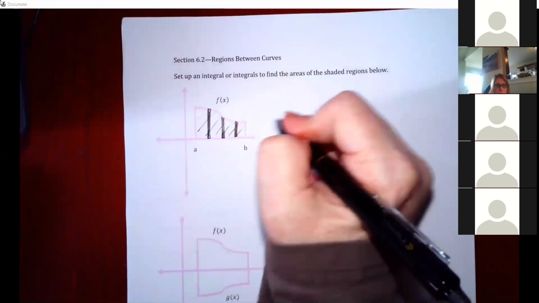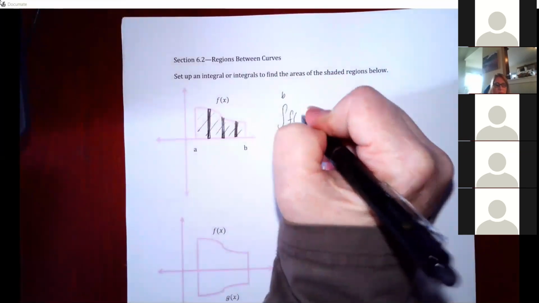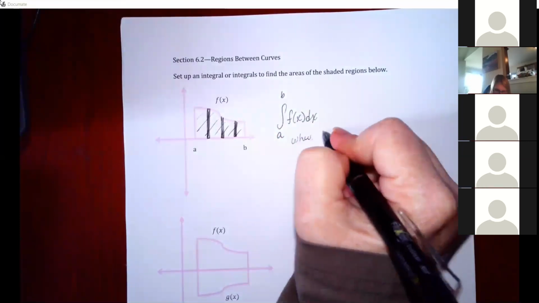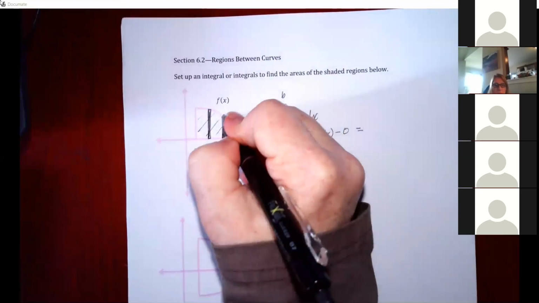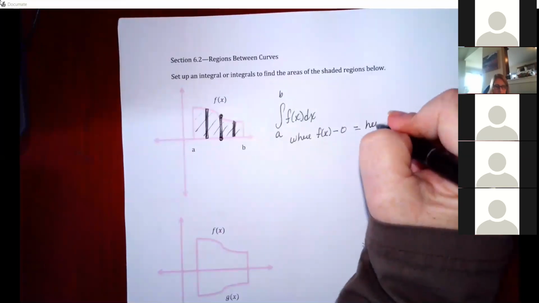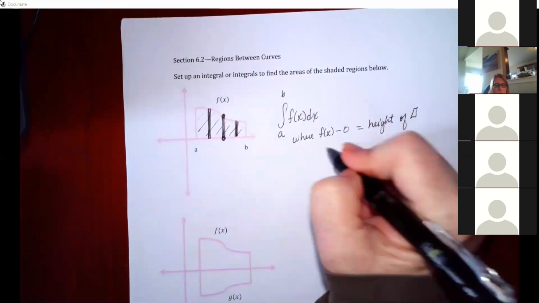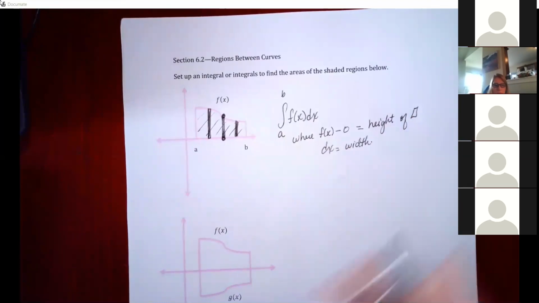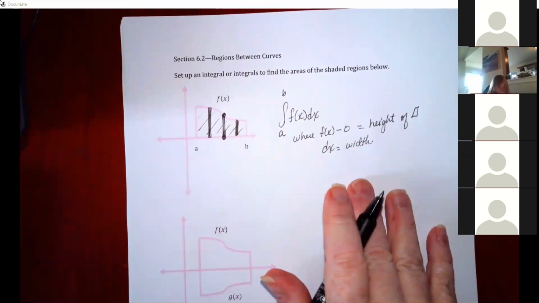So this area would just be the integral from a to b of f of x dx, where f of x minus 0, so this point is f of x, this point is 0, is the height or length of one of the little rectangles, and dx is the width of one of your little representative rectangles. Okay, so we did a bunch of those in chapter 5.